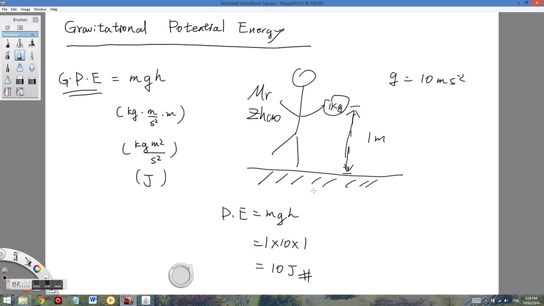So I made a mistake in the introduction. This is called gravitational potential energy. It's just a different type of energy than kinetic energy. They are still energies.